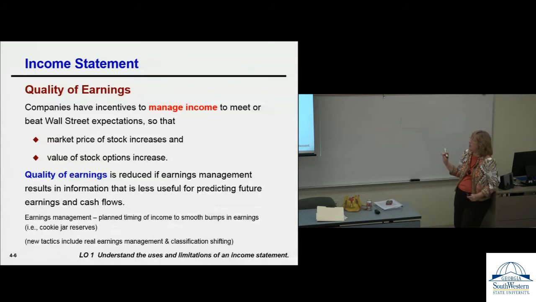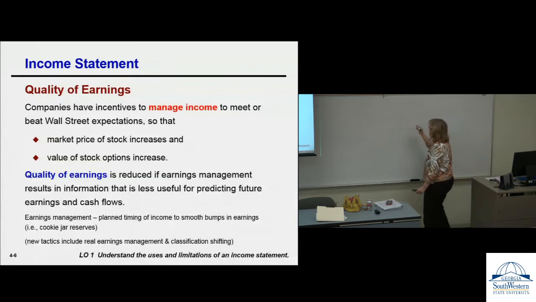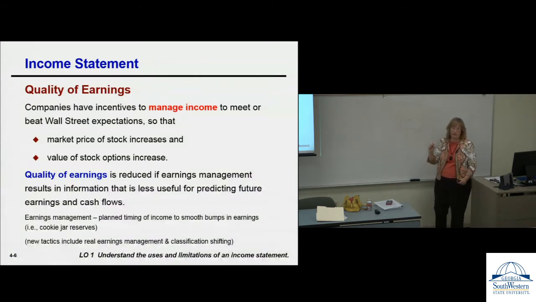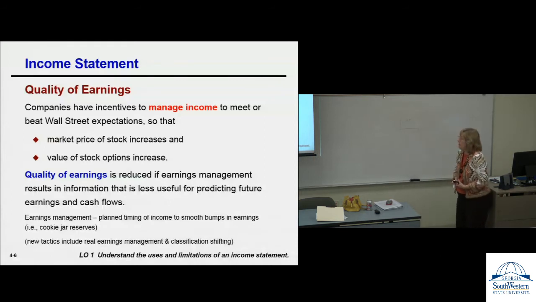And so management has a tendency to bring this net income down and that net income up to be more of a straight line, okay? And then also management has an incentive to meet Wall Street expectations. So if Wall Street expects this number, management has an incentive to get their number up to that number, okay? So these are all things that reduce the quality of earnings.